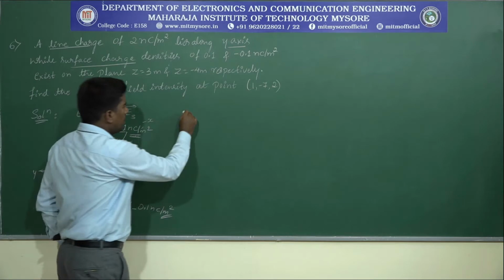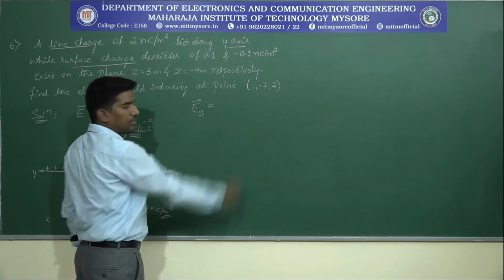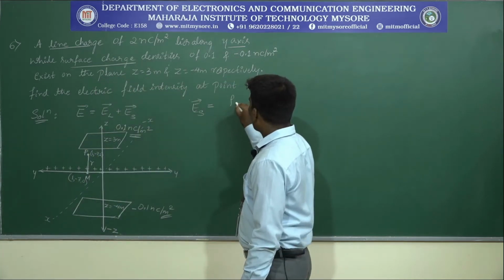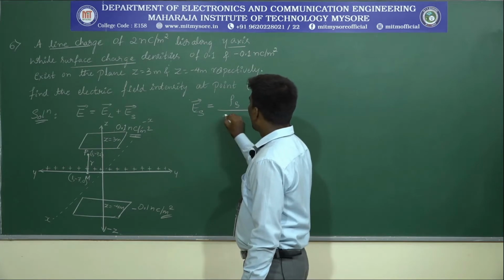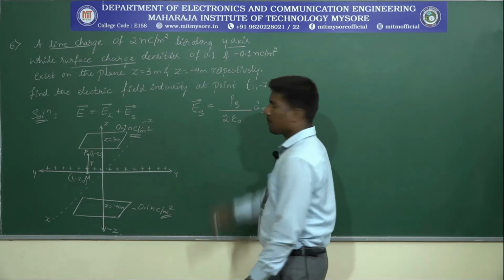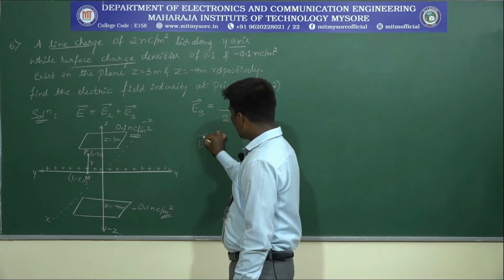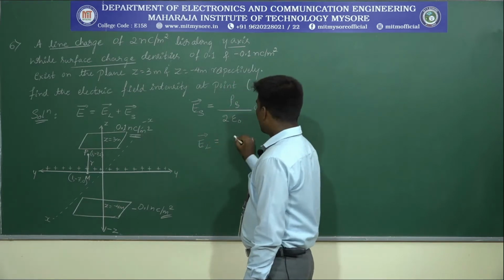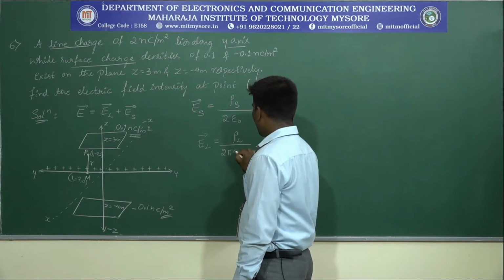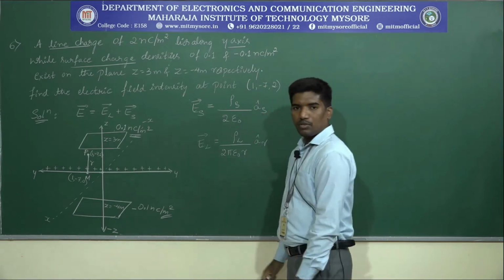Therefore, the solution: electric field due to surface charge is given by rho s divided by 2 epsilon naught into a cap s. This is the equation. And electric field intensity due to line charge is EL is equal to rho L divided by 2 pi epsilon naught into R into a cap R. These are the two equations.